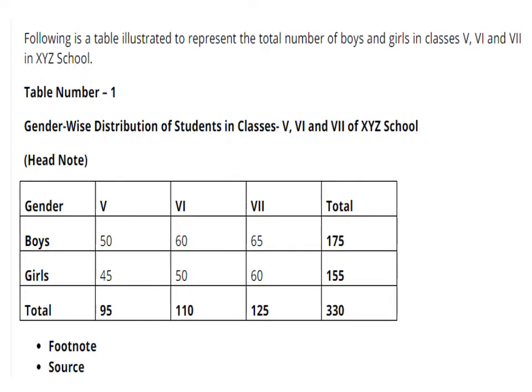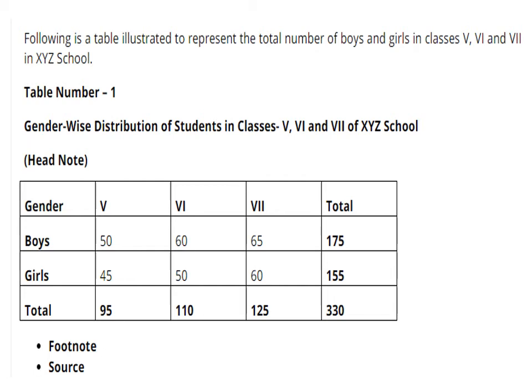There is an example for the table representation, that is the table number, and we have given the title. The title is gender wise distribution of students in class 5, 6 and 7 of XYZ school. And if you have any end note in counts or if you have used any units, you should mention it in the end note. And we have the column titles.